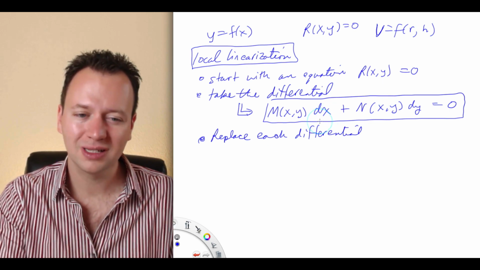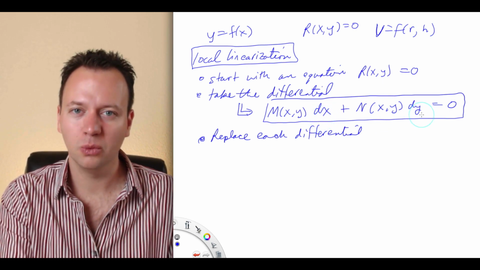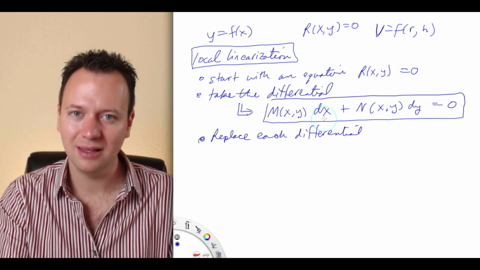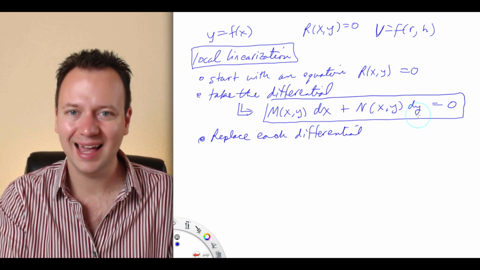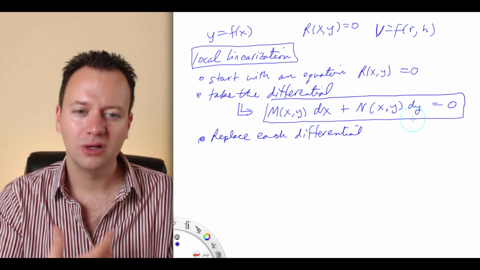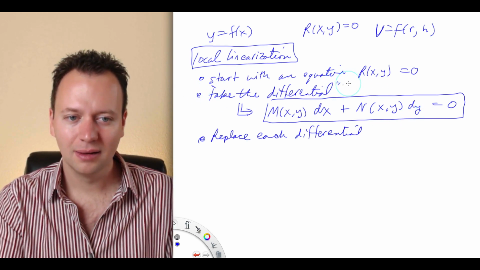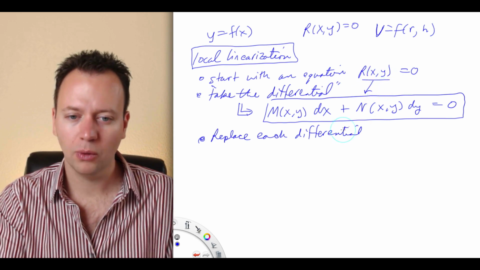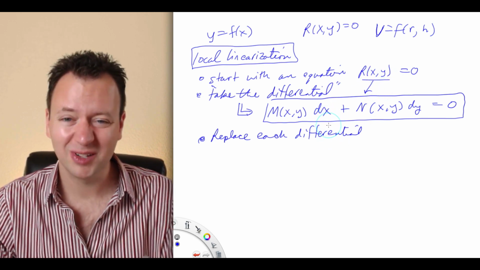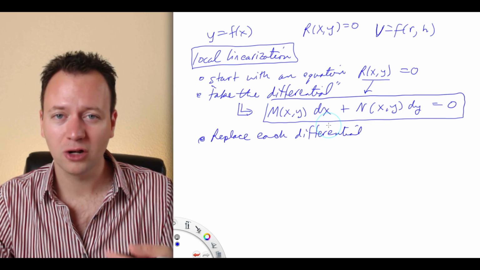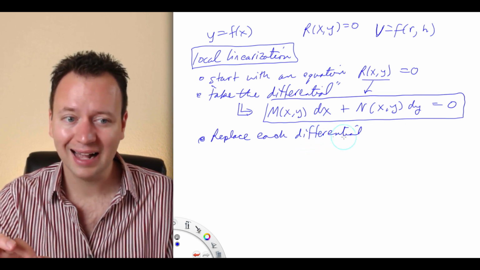But the differentials themselves are the dx and the dy. So dx is a differential, dy is a differential. So when you take the differential, basically that's just the way we say go from this equation to that equation. But the differentials themselves, when you refer to a differential as a noun, would just be dx or dy.